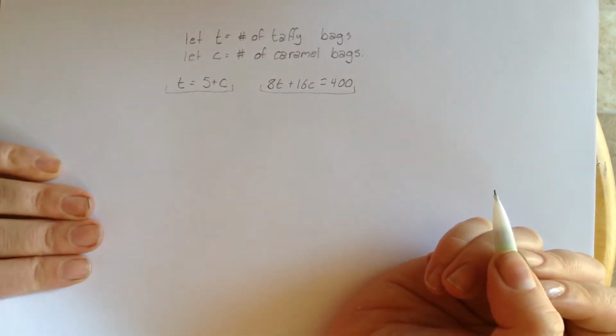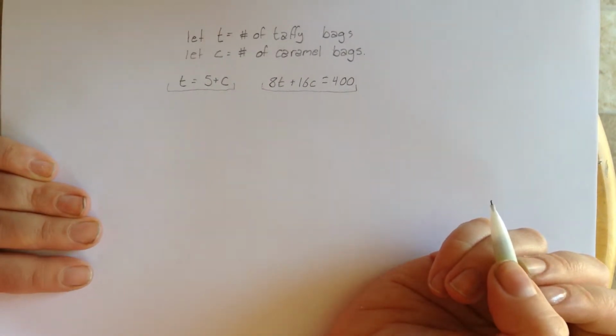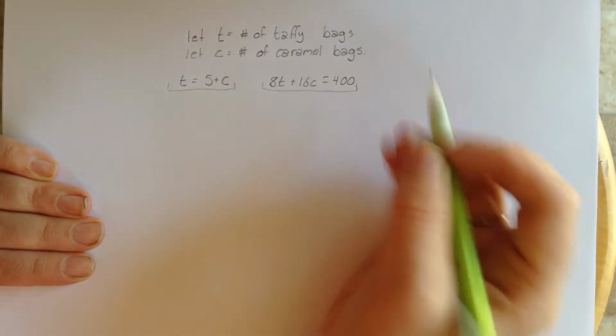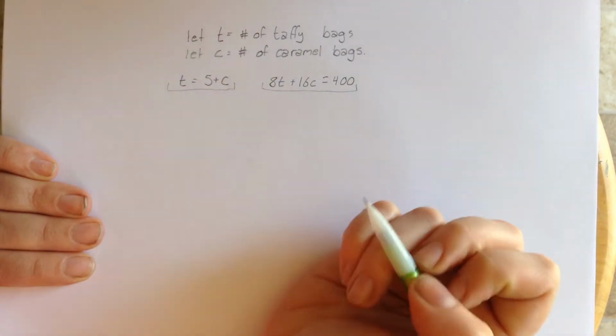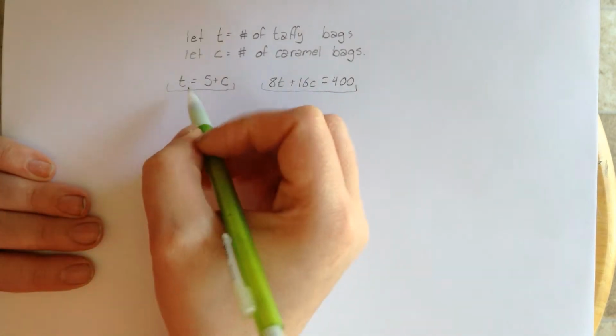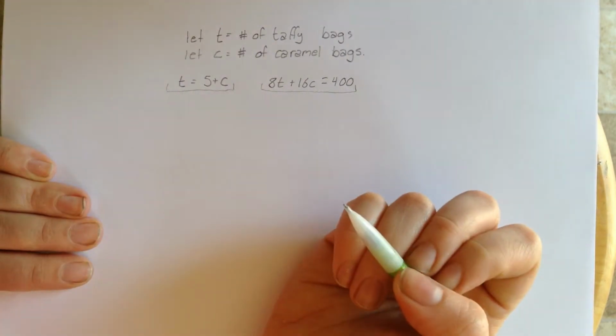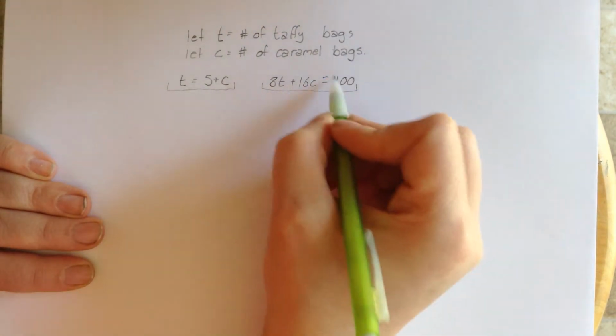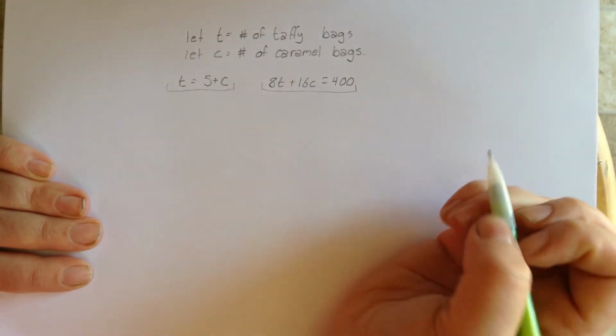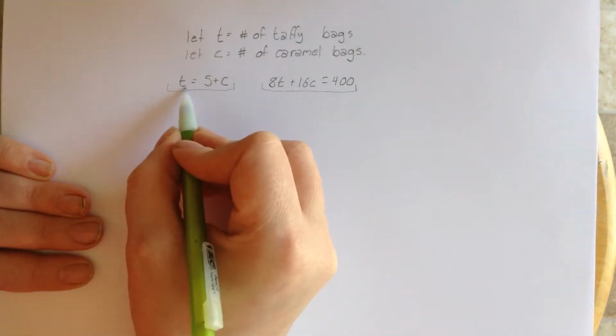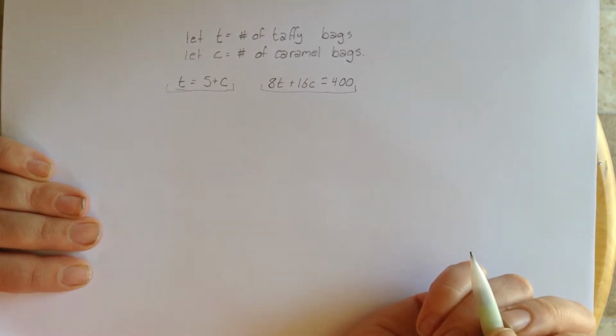And it was asking us if we could use the equal values method to solve this. So one way to do that, here our equation is already sort of in y equals mx plus b form, or rather in t equals mc plus b form. This one is not, however, this is not in slope-intercept form. So let's try and solve it so that we've got the same variable alone, our t variable.